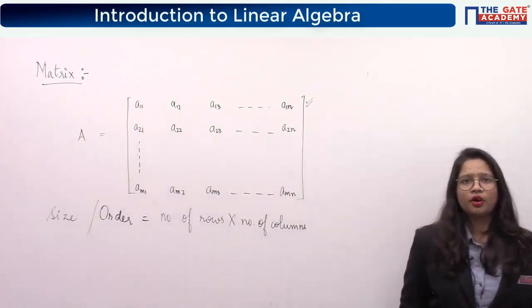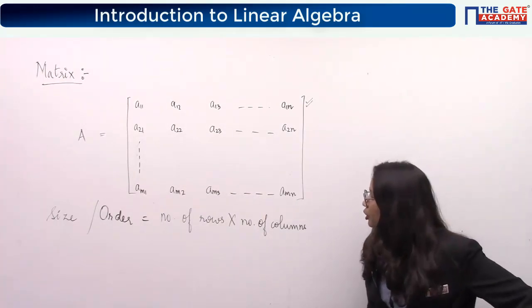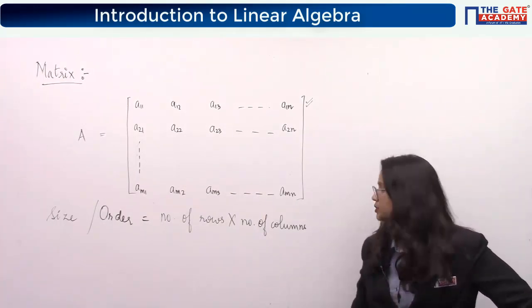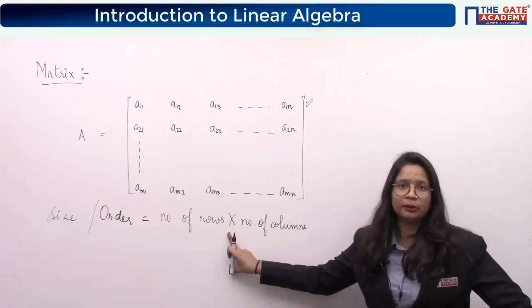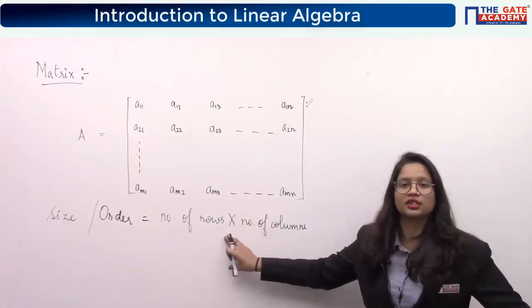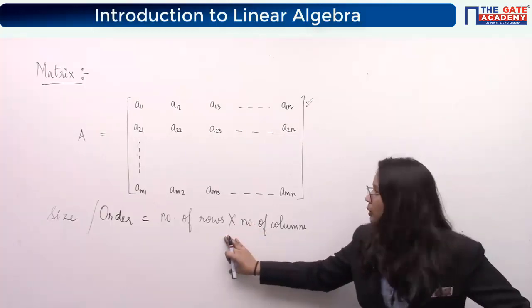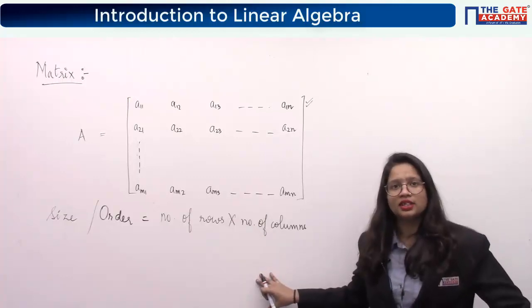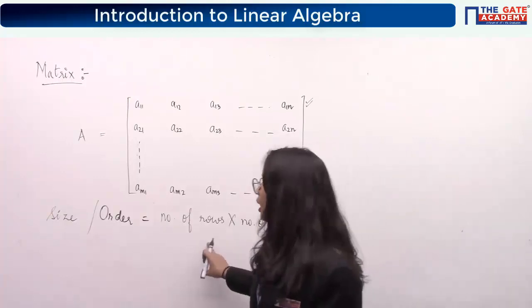Yes, m cross n. It is the number of rows cross number of columns. Never interpret this cross as multiplication. You are not multiplying m with n. You are just writing this as m cross n.